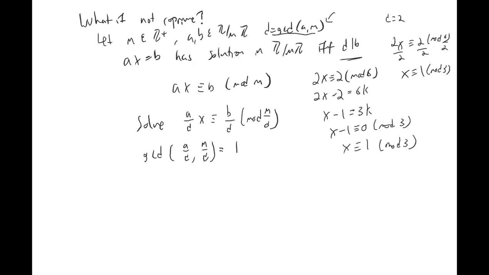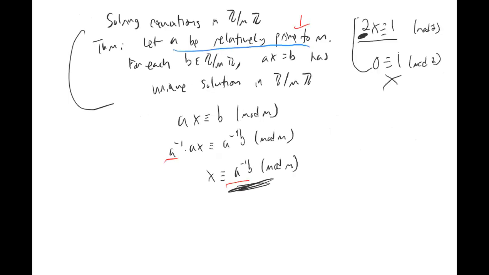Yeah, it's just 1, right? So this has a unique solution by the previous theorem, right here. Because now the GCD is 1, I'm relatively prime. So I have a unique solution. Just multiply by the inverse.